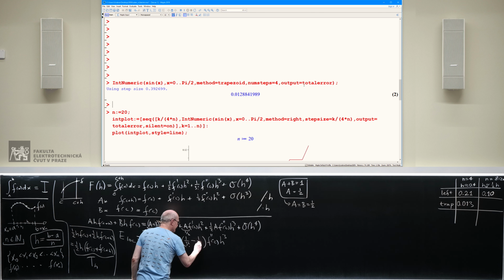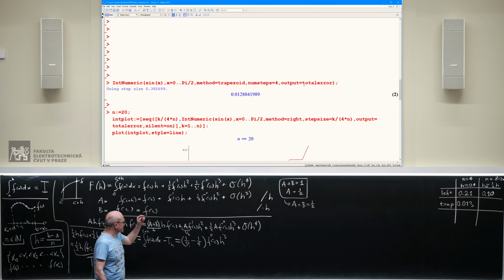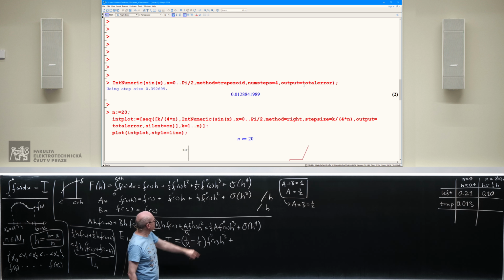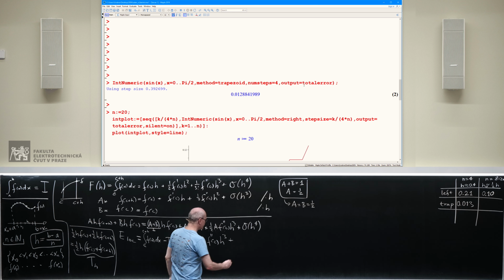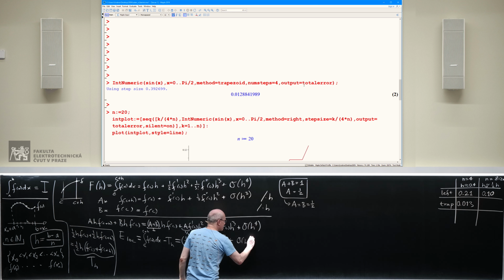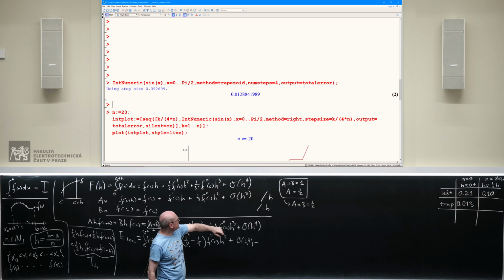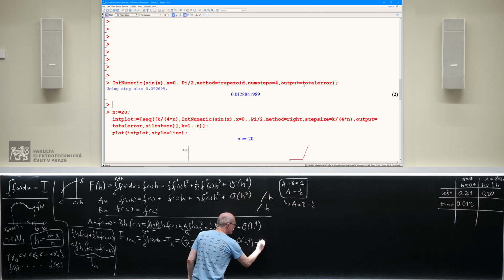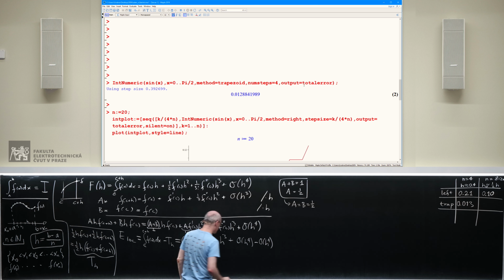So we are subtracting 1/4. Then we are subtracting O(h^4), and notice here this is O(h^3), but we are multiplying by h, so we are subtracting O(h^4).